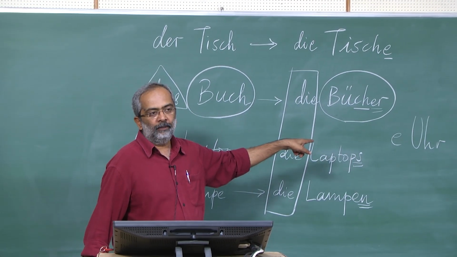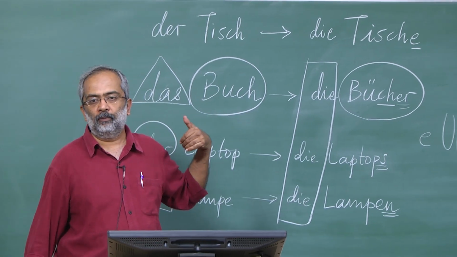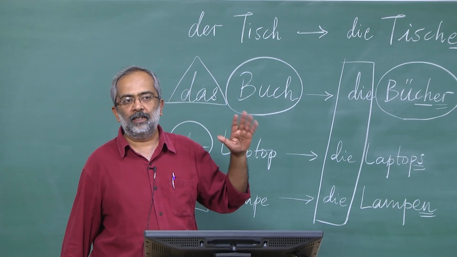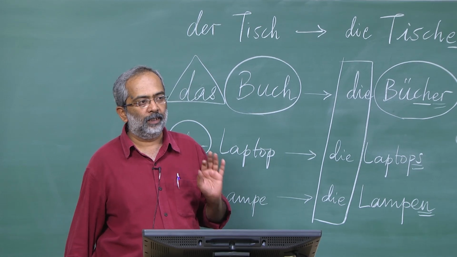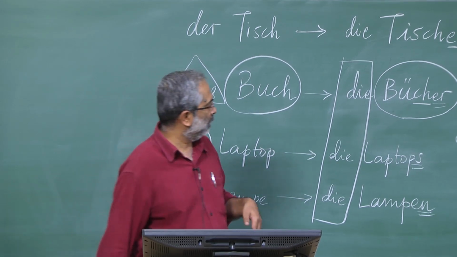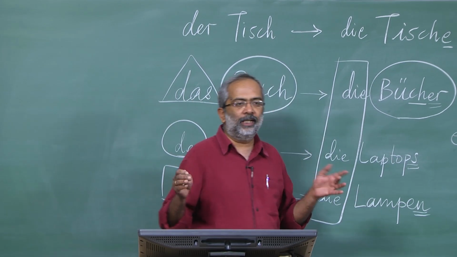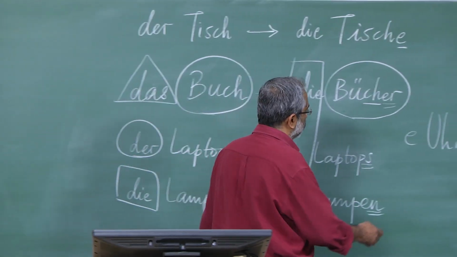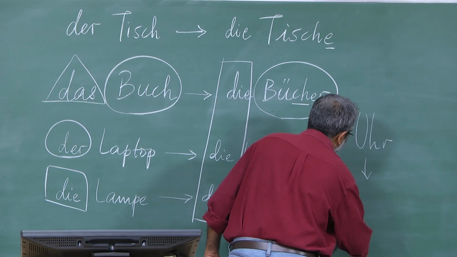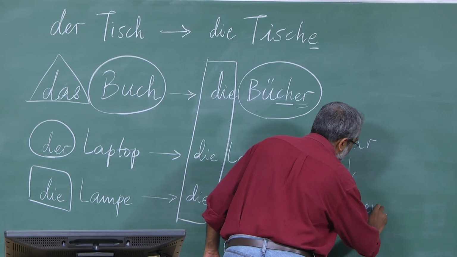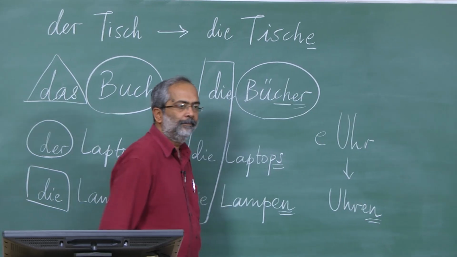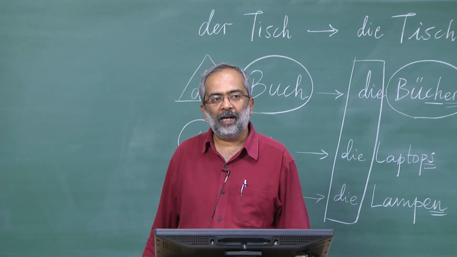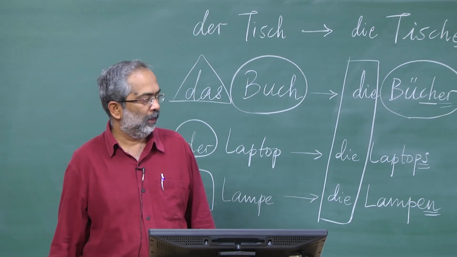But if I write an E in front of the word Uhr, it means it is die Uhr. It's feminine gender. Plural we don't need to indicate because in the plural everything is die. So die Uhr will become die Uhren.